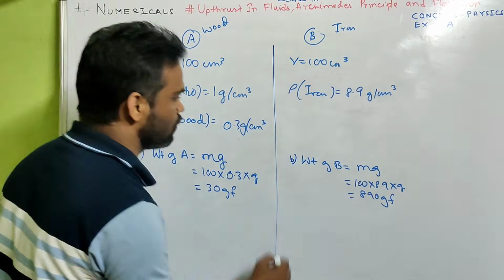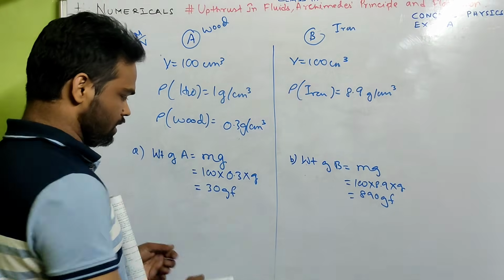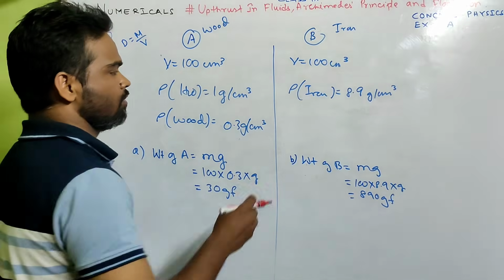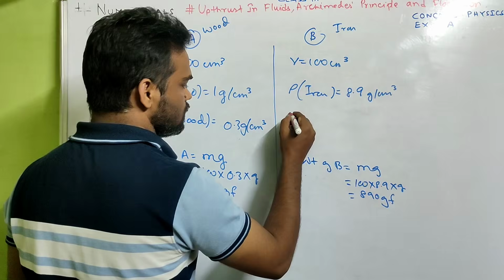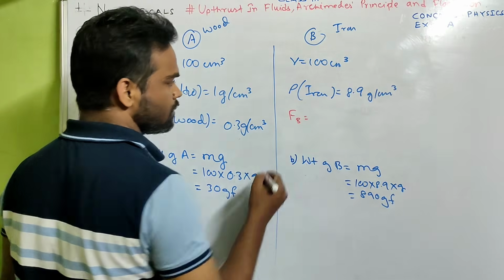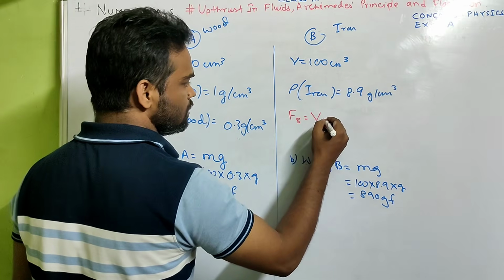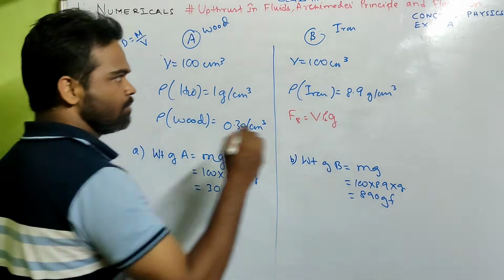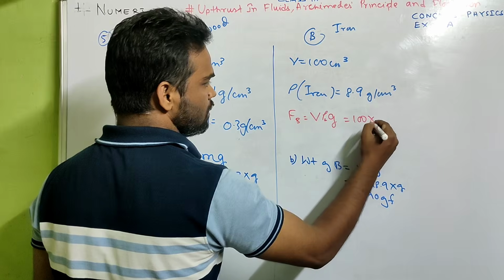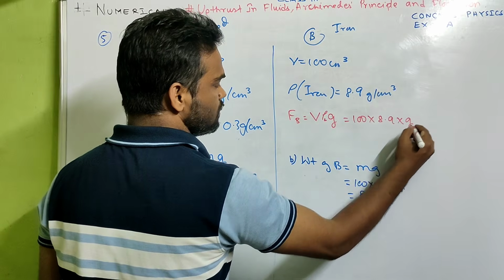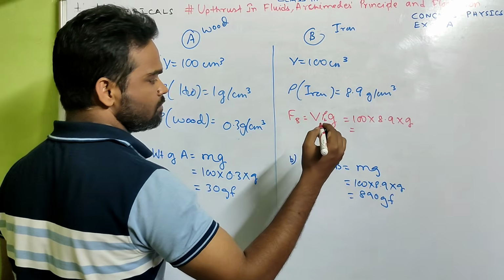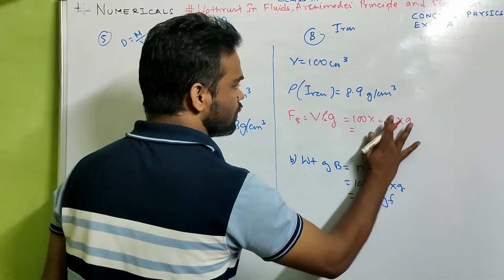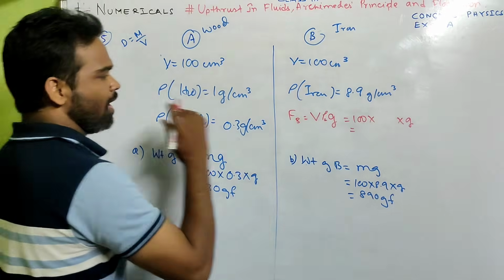Now, look over here. Upthrust on each sphere. In this case, for the ball B, suppose it is completely immersed in water. So upthrust will be V rho g, where rho is the density of the liquid. So that's 100 into 1 into g, V of liquid rho being 1.